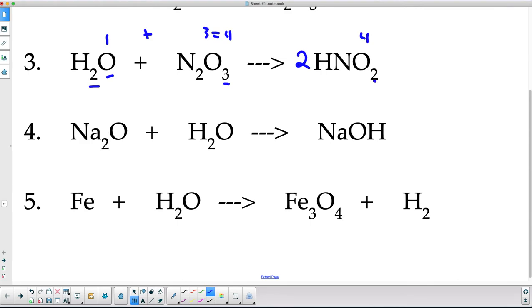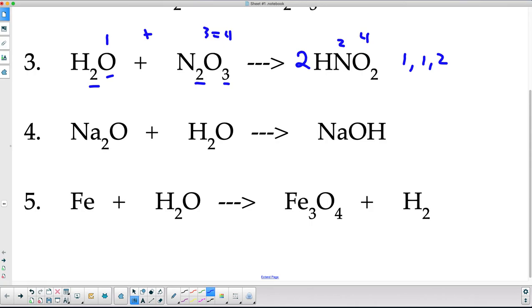So that one actually works out pretty good. How about nitrogen? I have 2 nitrogens here, and here I have 2 times 1, which is 2 nitrogens. So I'm actually balanced. This one was a little bit easier than I thought it was. All I needed was a 1 and a 2 to get them to balance. So that would look like this: 1, 1, and 2. There we go.